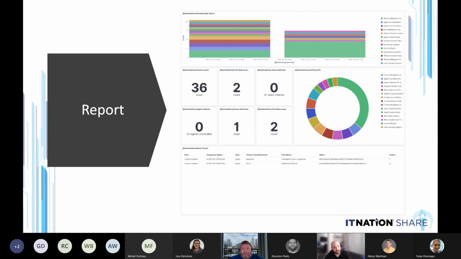Now, talking about some scenarios where you'd want to implement Perch with Sentinel-1. For example, I'm going to speak on my past. I haven't always been on the vendor side. I came from the operations side, kind of like Jay. He used to own an MSP. I did cybersecurity for the government, and we had a SIEM and we had an EDR in place. Some of the times people would be like, all right, we have our EDR on our PCs.